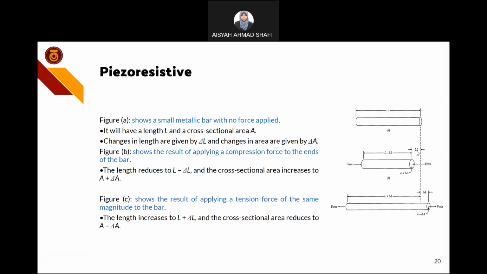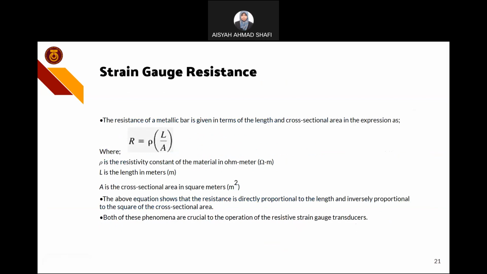This means the change of L is negative delta L, so after the applied force it becomes L minus delta L. But the cross section is increased, so A plus delta A. And if we apply tension, it is opposite from what we apply in the compression.